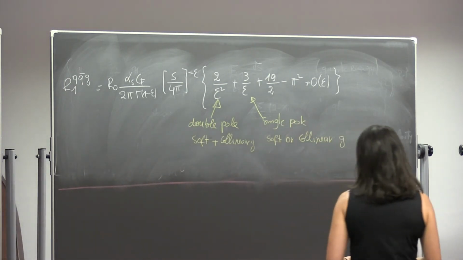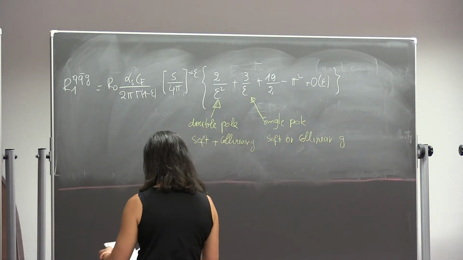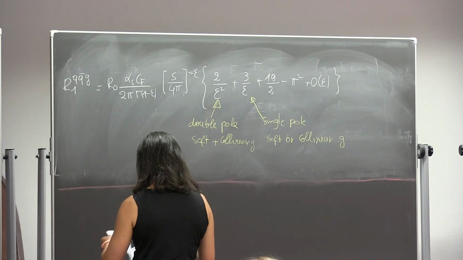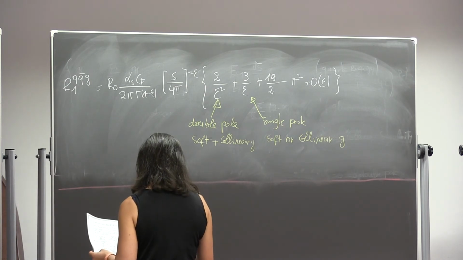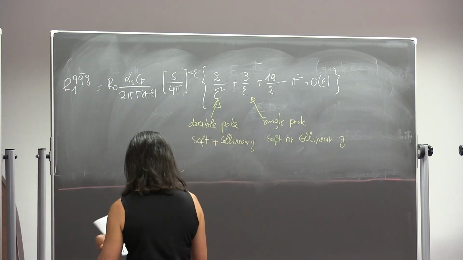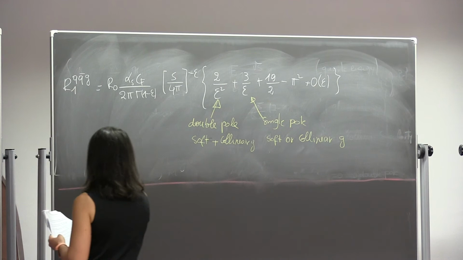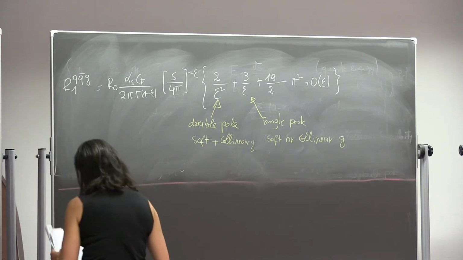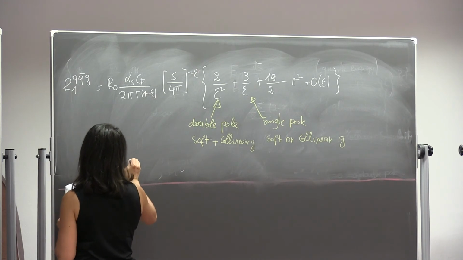Okay, so the virtual corrections. Before I do that, probably I'll do something else. Before I go to the virtual corrections, I want, first of all, g_s squared. In dimensional regularization, g_s squared gets replaced by something else. So we are working in dimensional regularization.